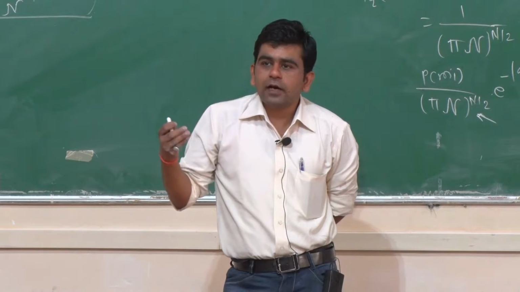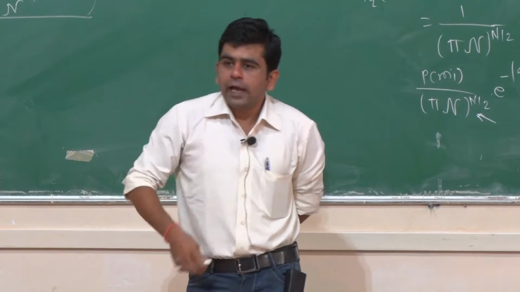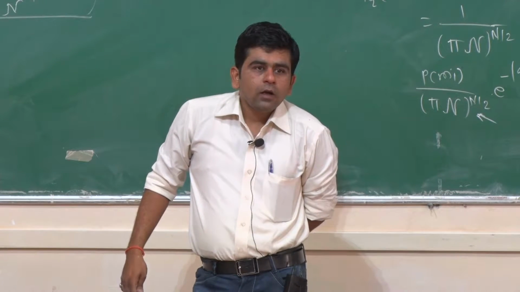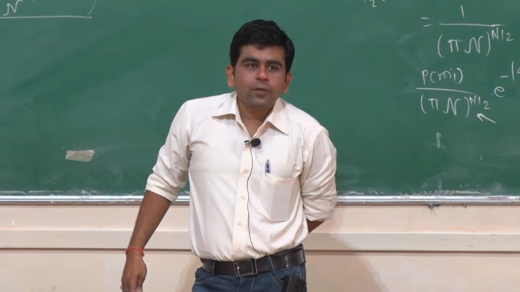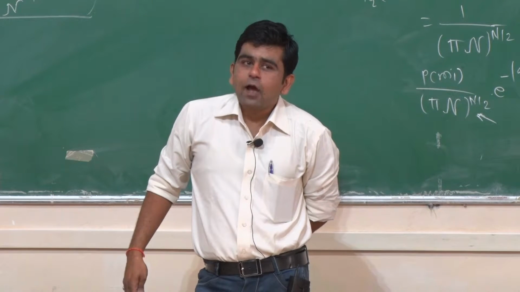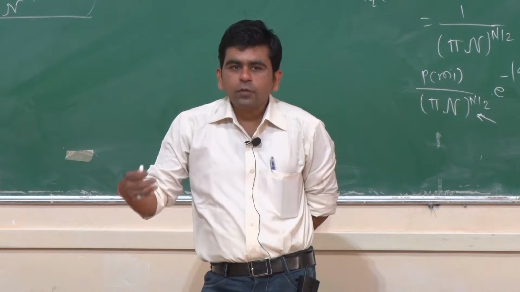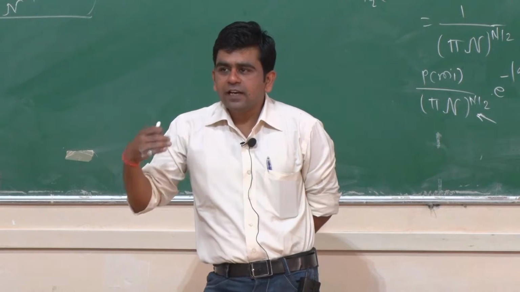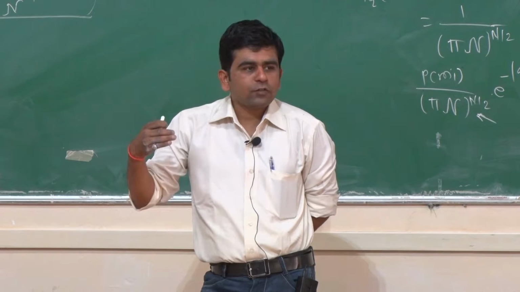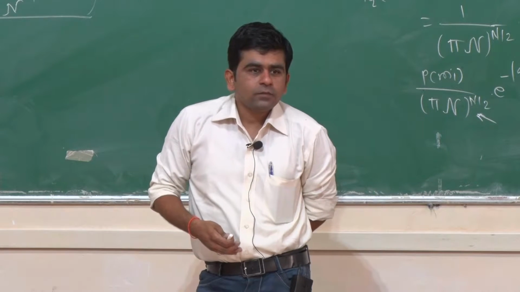Now these signals are transmitted over the channel, then channel introduces the noise n of t. Input to the receiver is x of t, that is given as si of t plus n of t. Now our job is we have to represent this input x of t in geometric representation.